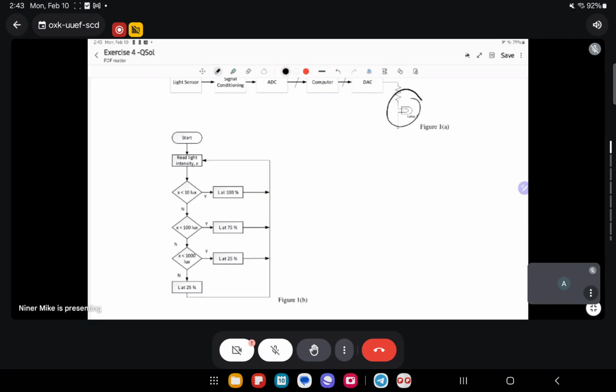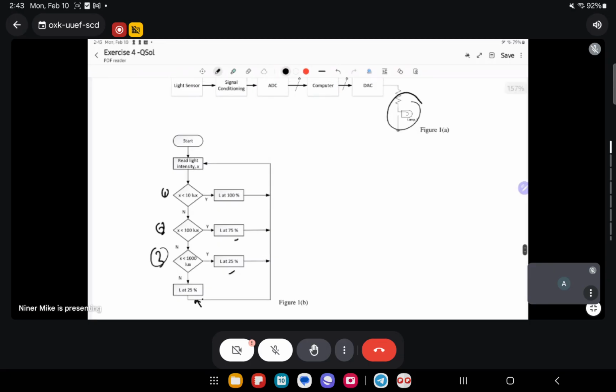If not, you go to this decision. Otherwise, you check for another one, whether it is less than 1000 or greater. If it is less, you go to this, and otherwise you go to this one. So see, 1 step, 2 steps, and 3 steps. It's not like comparing everything at one time to decide. So you have to do it this way.